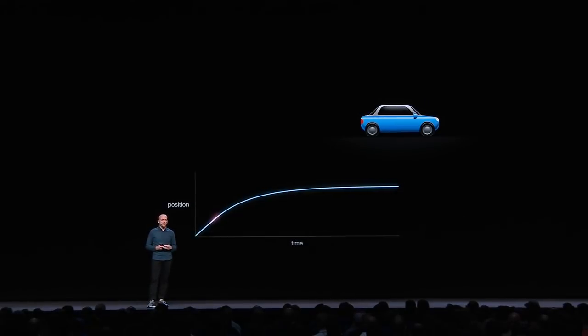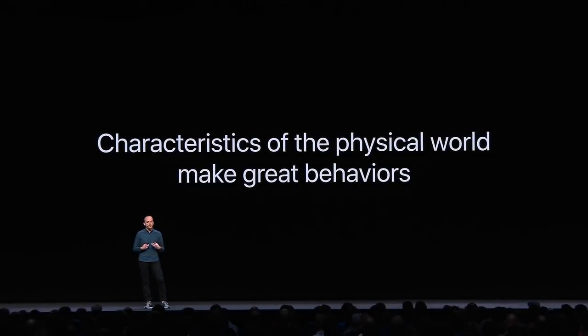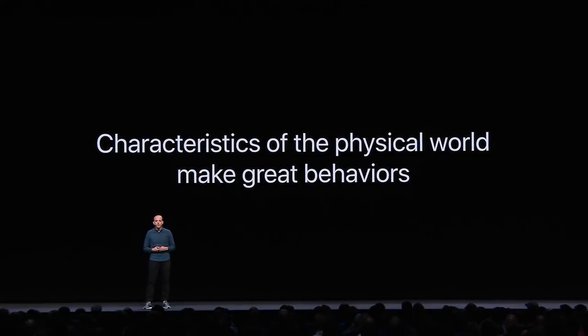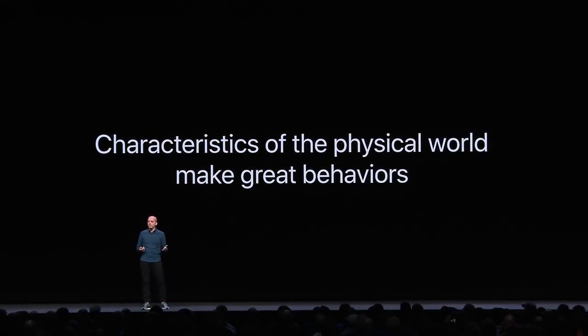So why am I talking about cars? This is a talk about fluid interfaces, right? So we feel like the characteristics of the physical world make for great behaviors. Everyone in this room finds the car example so simple because we have a shared understanding or a shared intuition for how an object like a car moves through the world. And this makes it a great reference point.